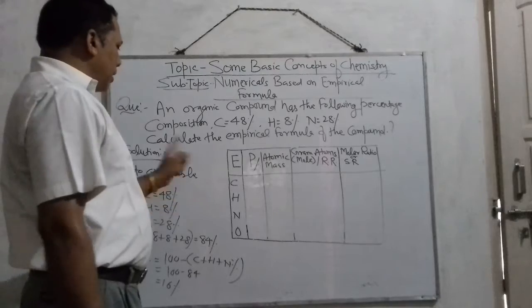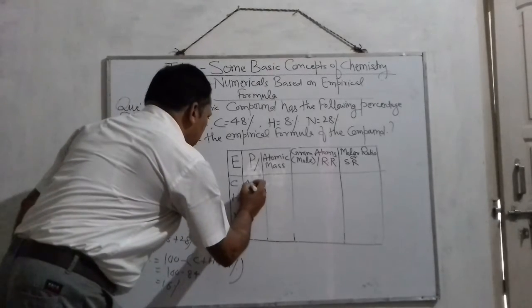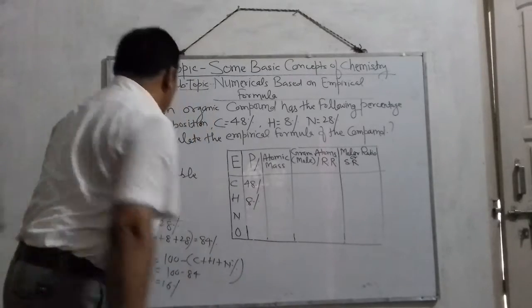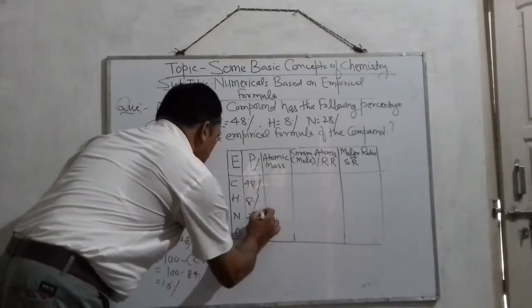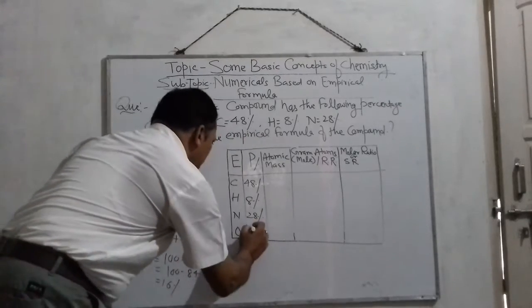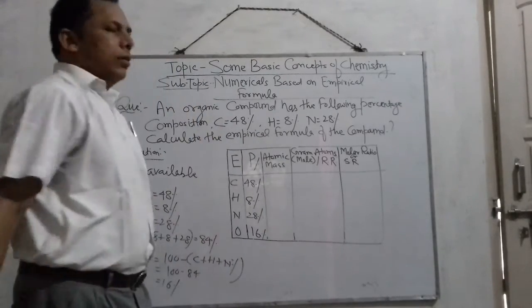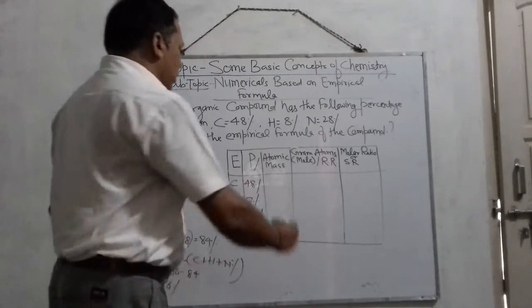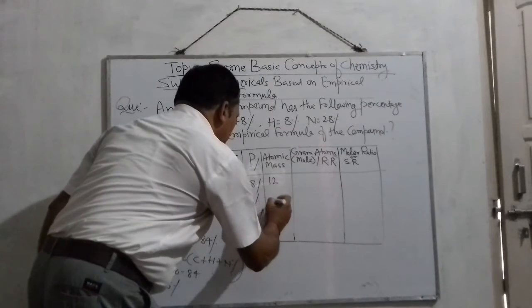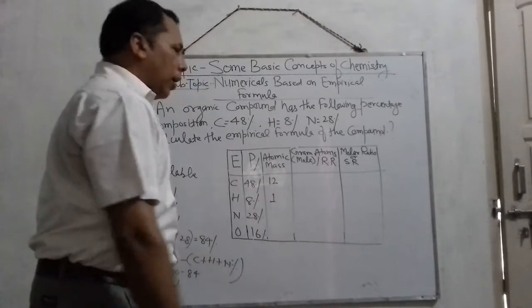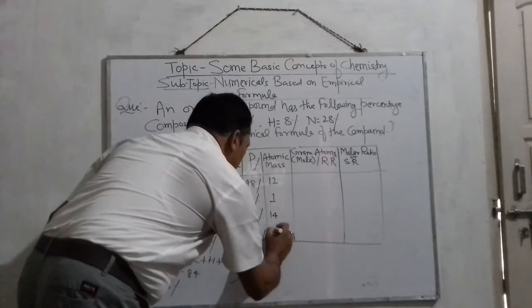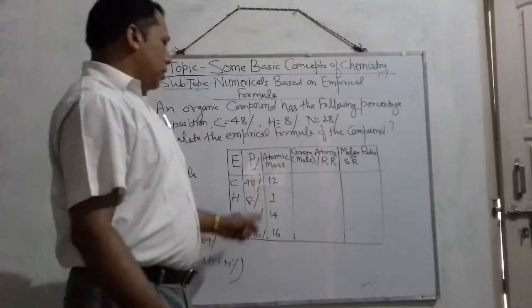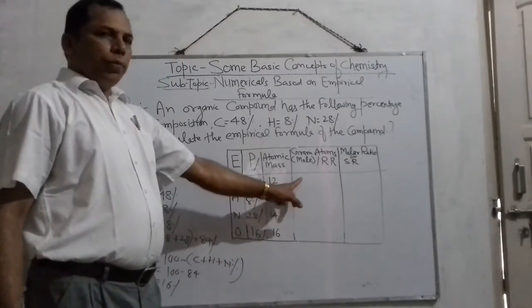Now write the percentage of each element: carbon is 48%, hydrogen is 8%, nitrogen is 28% and oxygen is 16%. Now write the atomic mass of each element. You know that the atomic mass of carbon is 12, hydrogen is 1, nitrogen is 14 and oxygen is 16. Am I right, students? Good. Now come to the next point.